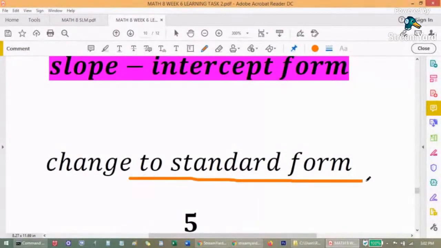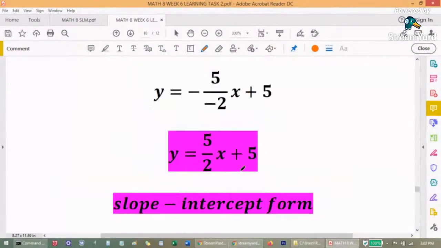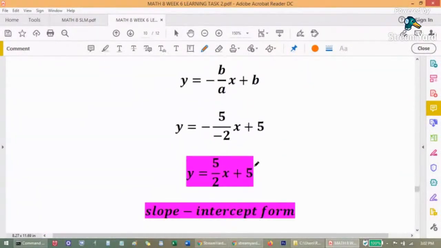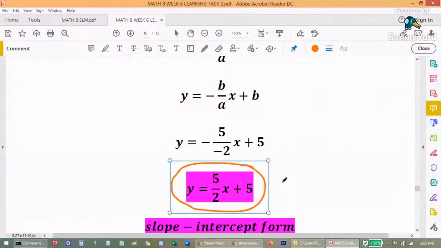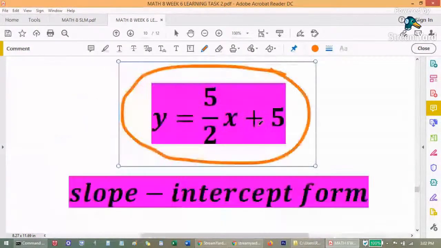Kailangan natin palitan to standard form. Kunin natin.